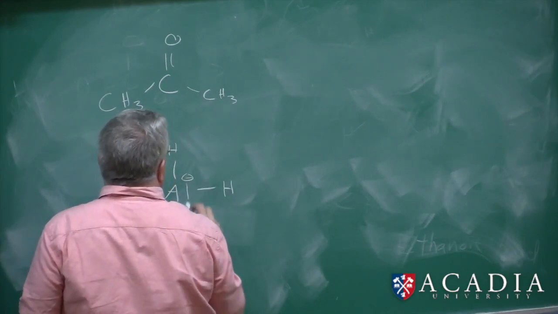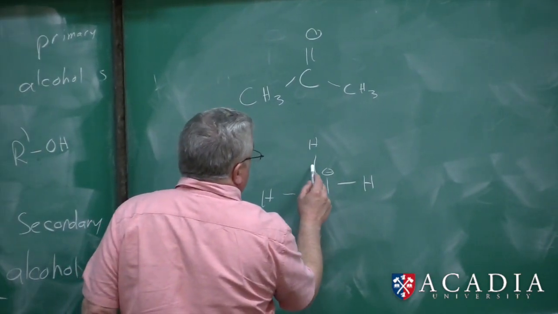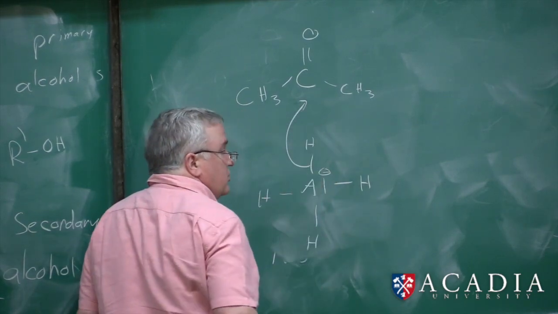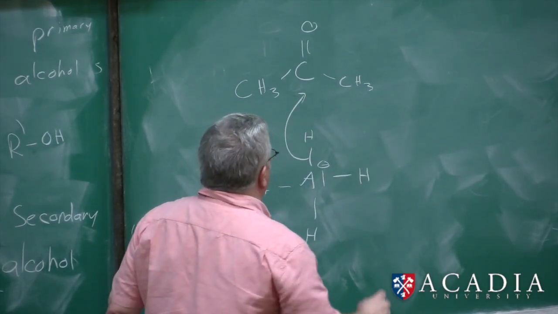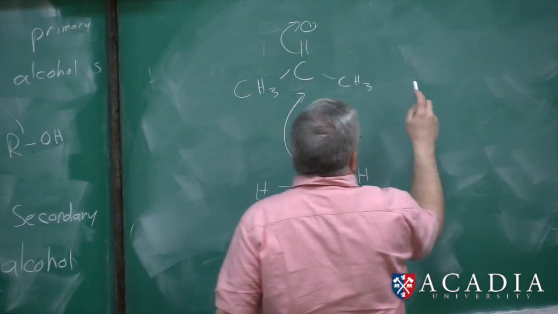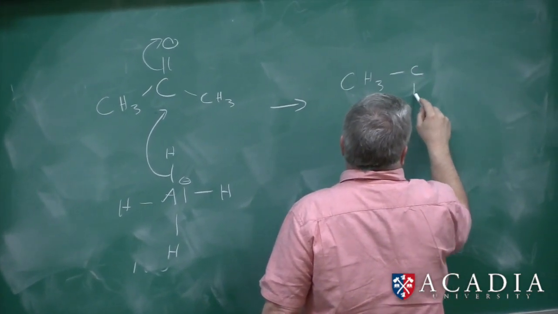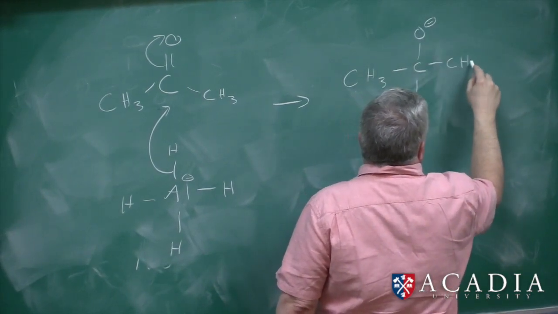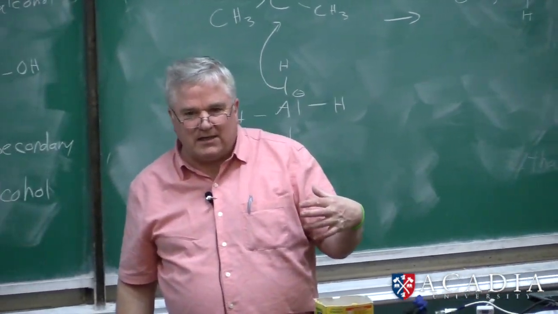Okay? And all that's going to happen is both of these electrons in the hydrogen aluminum bond are going to attack the carbonyl compound at the carbonyl carbon. And we're going to promote an electron up to here, and that gives us what we call our tetrahedral intermediate. Okay? We do this under dry conditions.